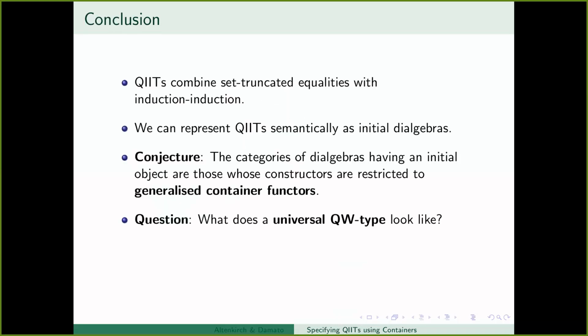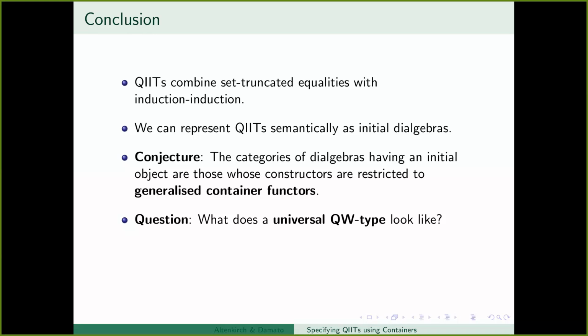And so in conclusion, we said that quotient inductive inductive types combine set truncated equalities with induction induction, and we can represent them semantically as initial diagonals. We conjecture that if we restrict the left and right functors for constructors to generalized container functors, then these correspond to exactly those categories of diagonals with an initial object.